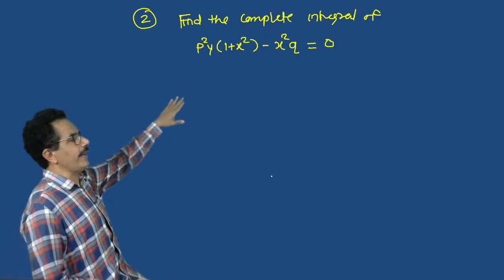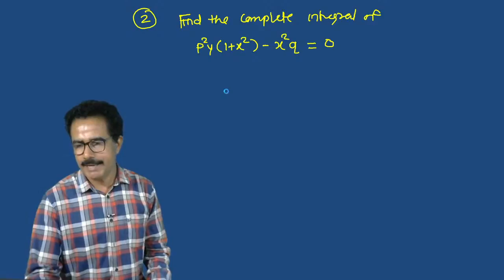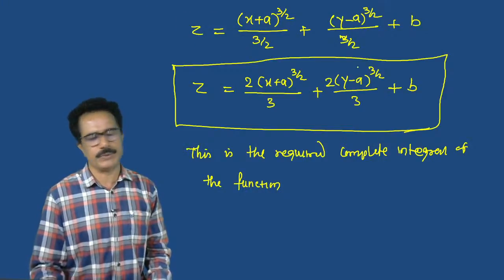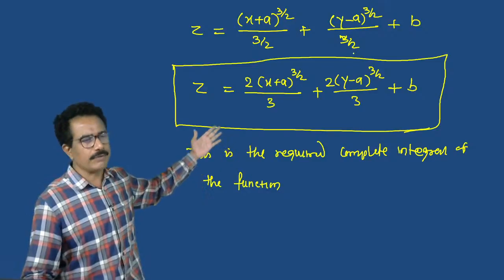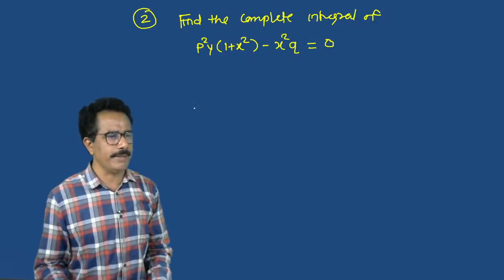See this, we have to find the complete integral of this function. I will go a little fast. Did the 2 remain? Here we have to keep this 2. Very good. You have to write this 2. Please check once. No problem.